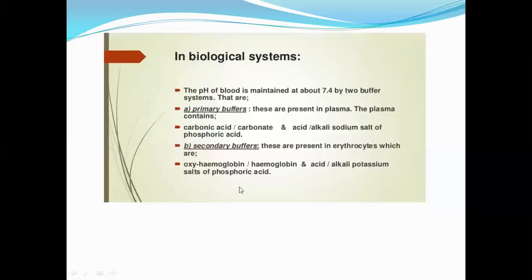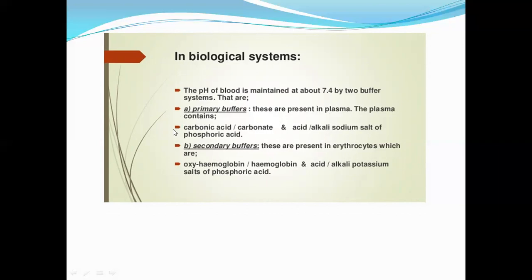So we go to the next slide. Biological systems are the systems in living organisms. The pH of blood is maintained at about 7.4 by two buffer systems. They are primary buffers, present in plasma.